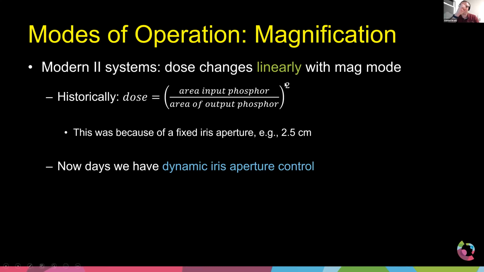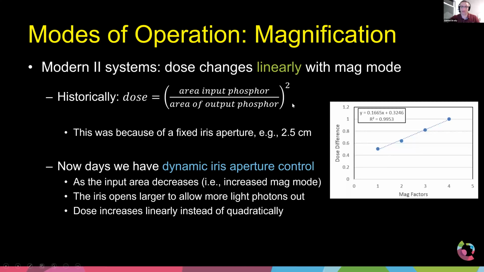Nowadays, the aperture doesn't stay at 2.5. As you start to mag down, so you're going from mag 1, 2, 3, the little teeny 2.5 centimeter iris is actually going to slowly open up. It doesn't get real big, but it gets bigger. Therefore, because we have a dynamic iris aperture control today, what we don't have is the squaring effect to the dose input.